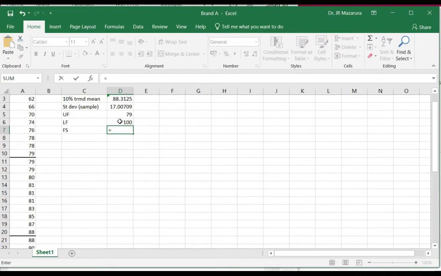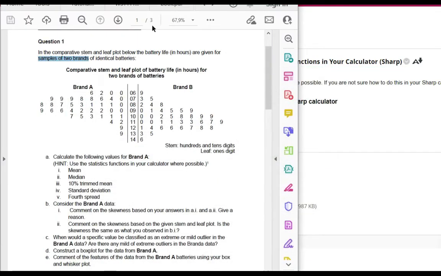So I'll fix that just now. So this is my lower fourth and then upper fourth. To get my fourth spread, you must take your upper fourth and subtract your lower fourth. So in formulas, that's equal to upper fourth minus lower fourth, which gives me 21. Okay, so that's how you get those answers there.